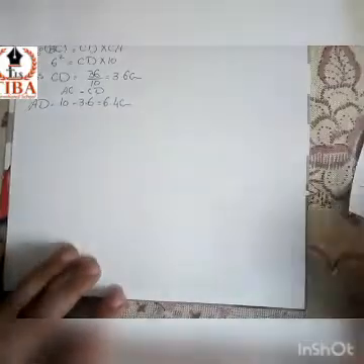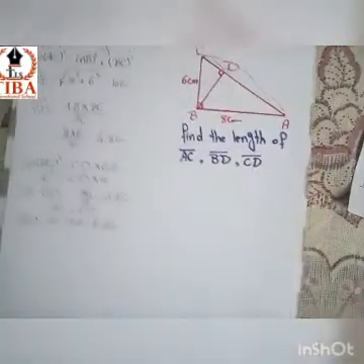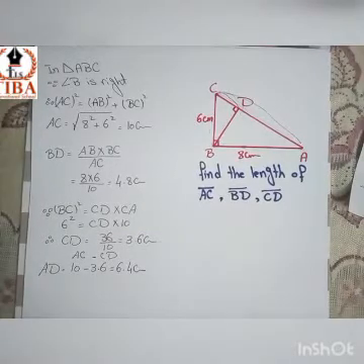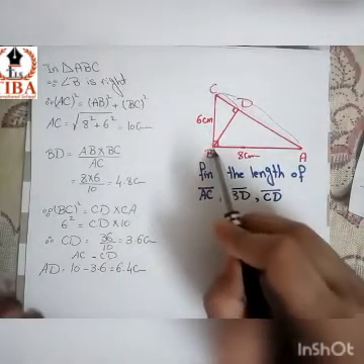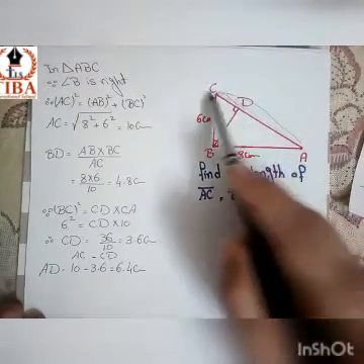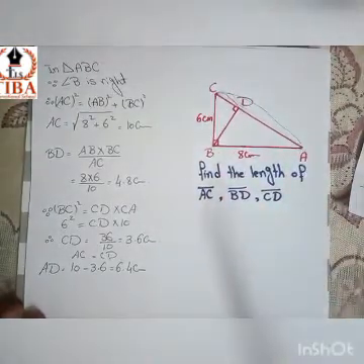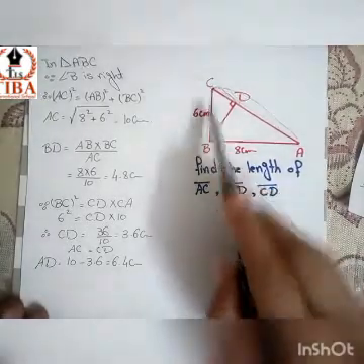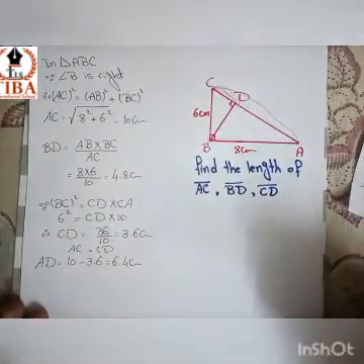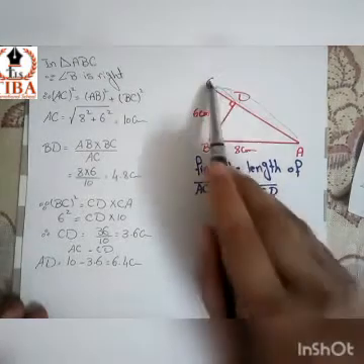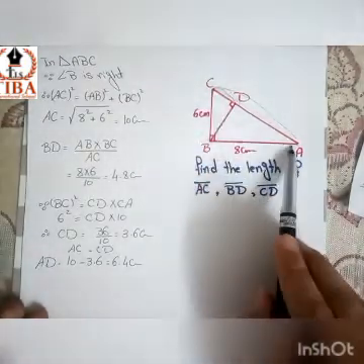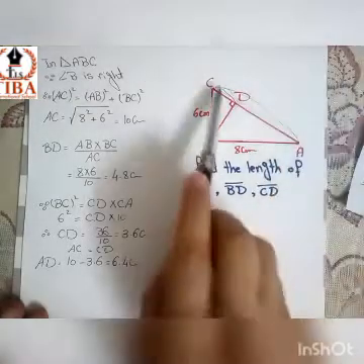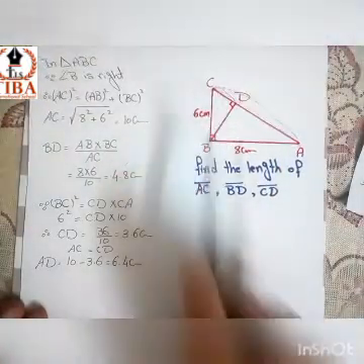We have another example. If we have a triangle ABC right angled at B, and BD perpendicular to AC, and the length of AB is 8 centimeters and the length of BC is 6 centimeters, we have to find the length of the hypotenuse AC, the length of BD and the length of CD.